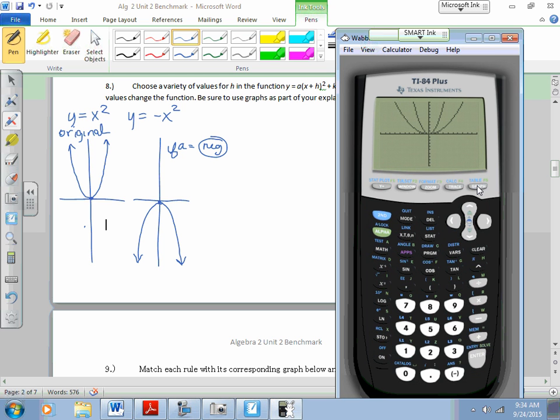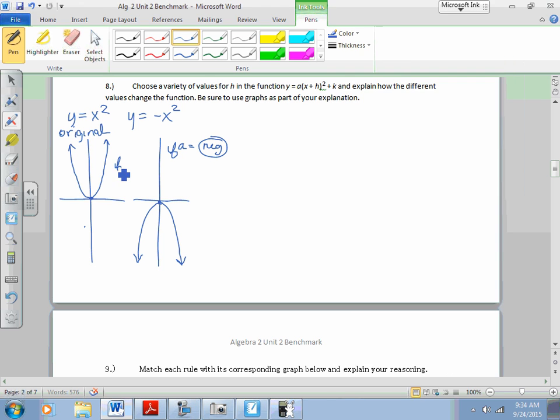All right. So do you guys see if the a value is greater than 1, the parabola gets narrower.